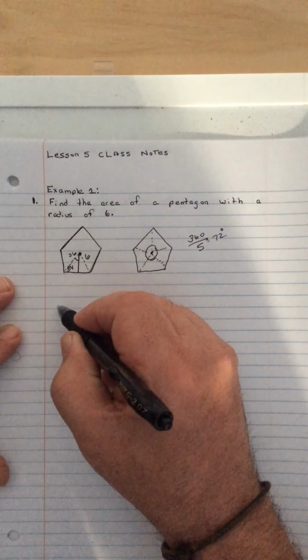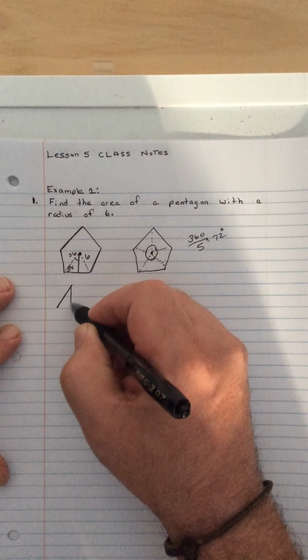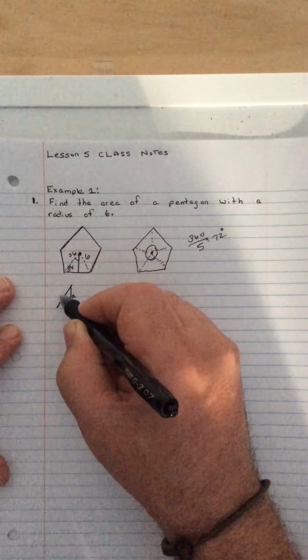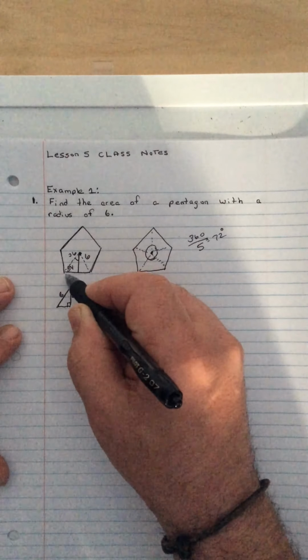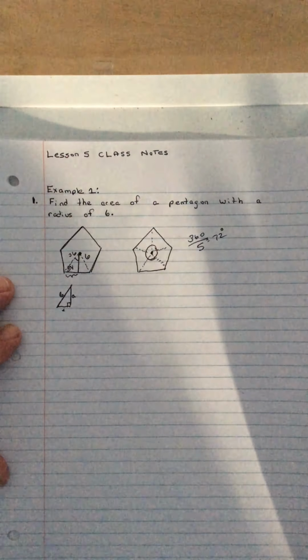So in this problem, if I just pull out that radius apothem triangle, here's the apothem, here's the radius, that was 6, here's half of my side, that's this length right here, I'll call it x.